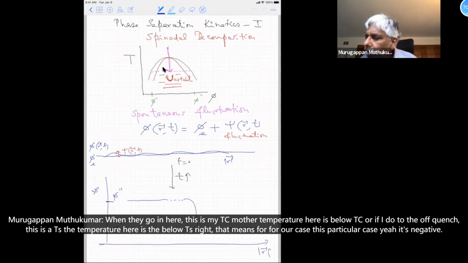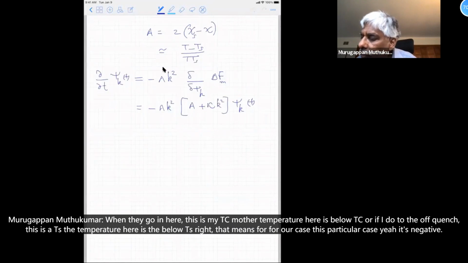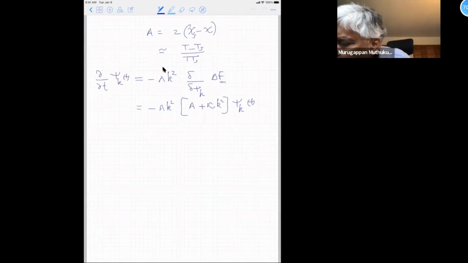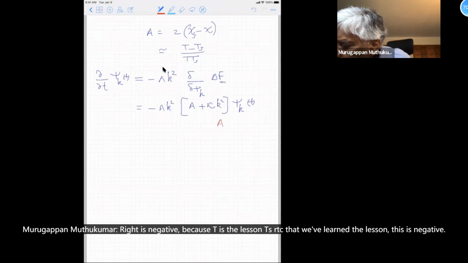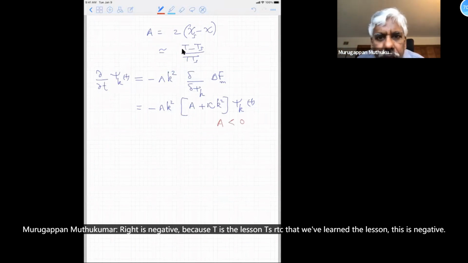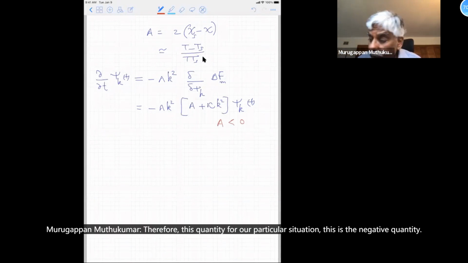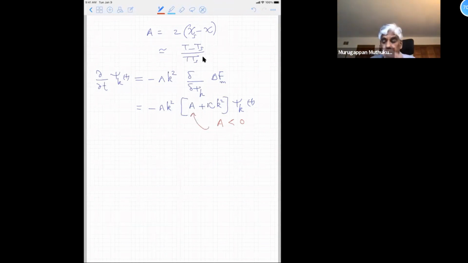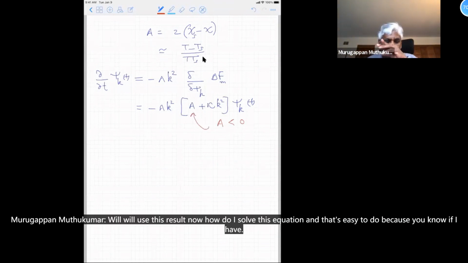That means in this particular case, A is negative, because T is less than Ts or Tc. Therefore, this quantity for our situation is a negative quantity. We'll use this result. Now, how do I solve this equation?